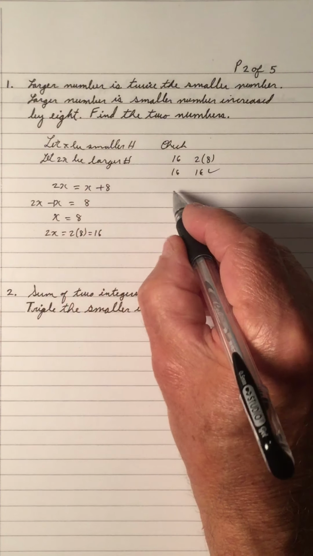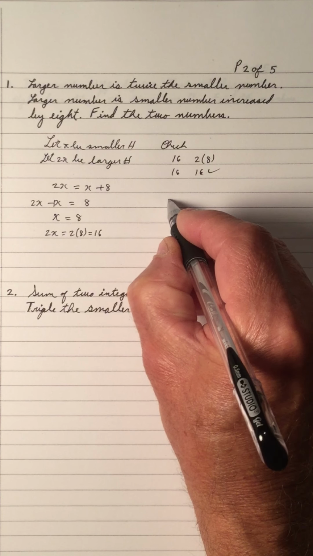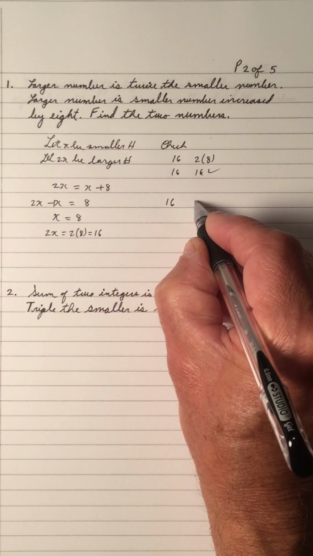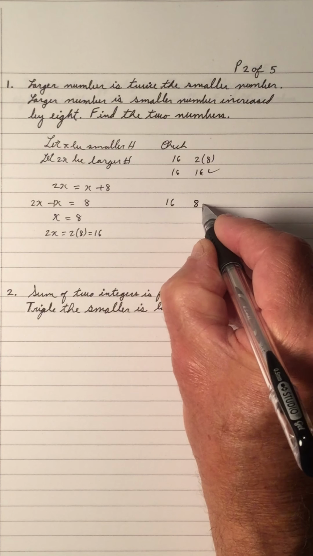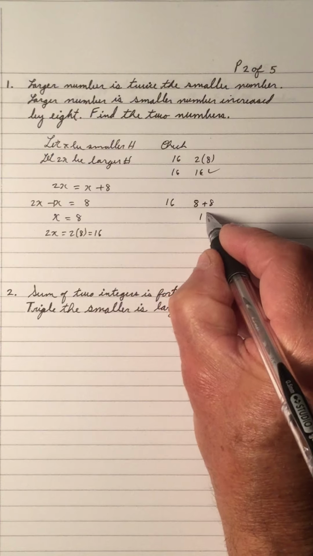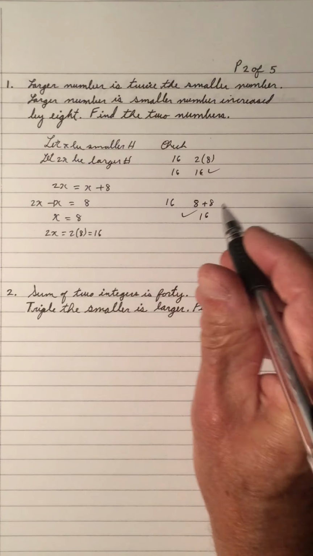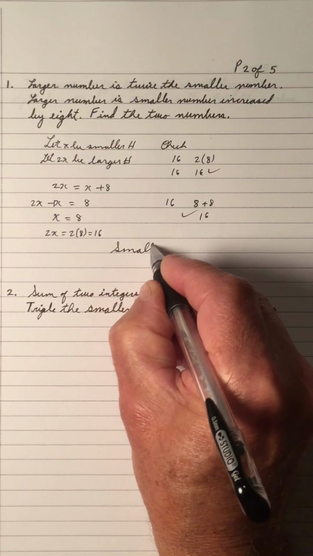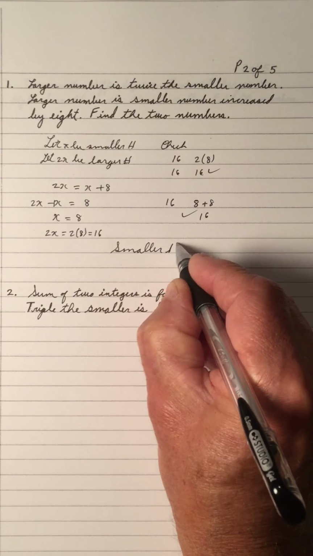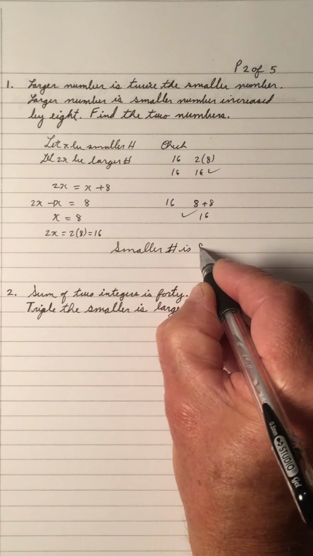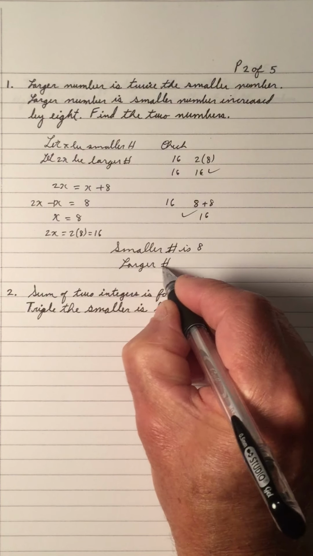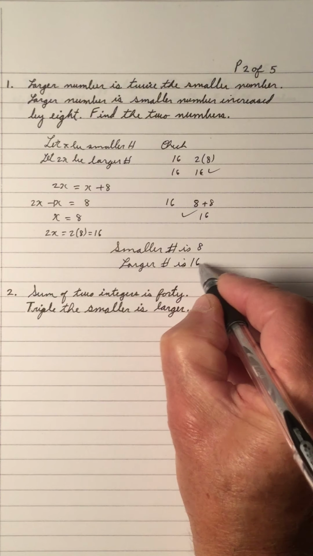The larger number, which is 16, is the smaller number increased by 8. The smaller number is 8, increased by 8. So that's 16 equals 16, that's true. So we know everything is okay. The smaller number is 8. The larger number is 16. So everything works out perfectly.